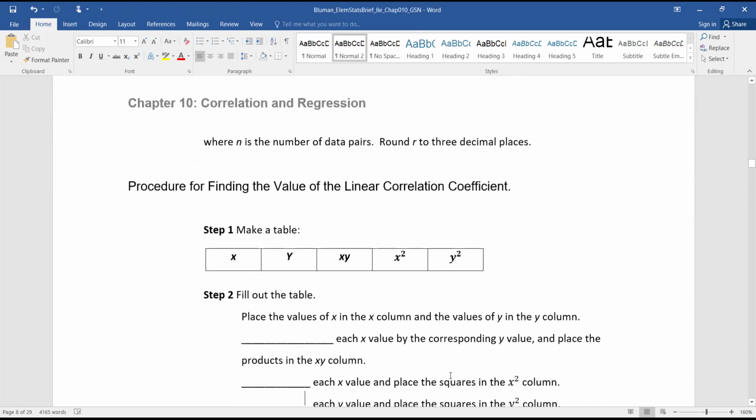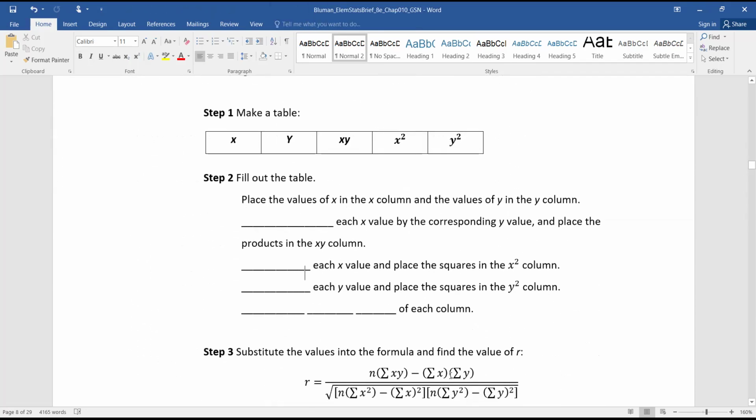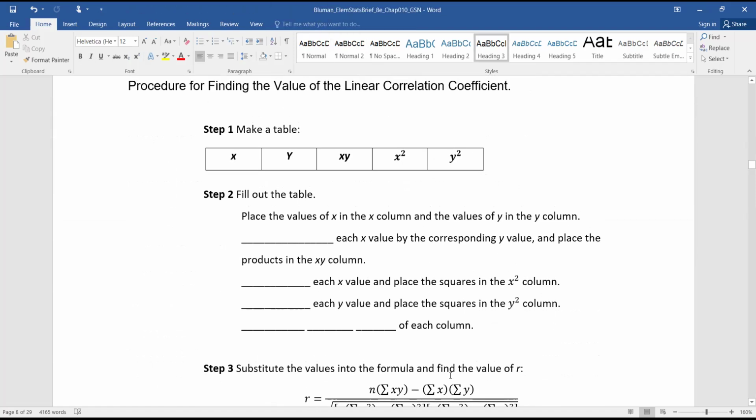So here are our procedures for finding the value of the correlation coefficient. Step 1, we're going to make a table labeled x, y, find our product, find our squares, and then find our sums. Step 2, we're going to fill out the table. We place the values of x in the x column and the values of y in the y column. Then we multiply each x value by the corresponding y value and place the products in the xy column.